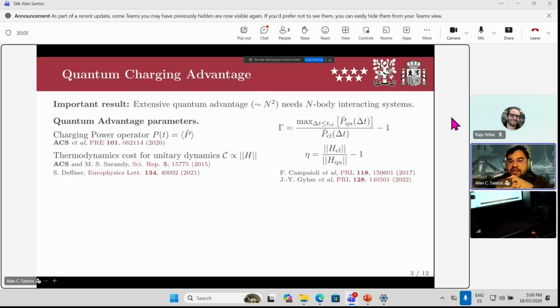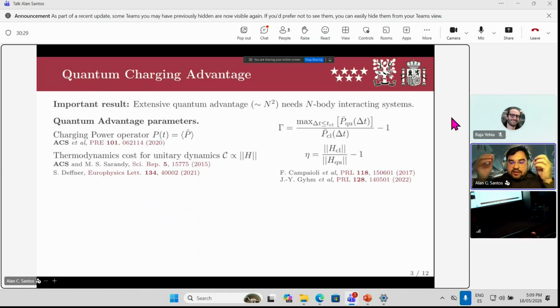The idea is that with two very simple parameters, called quantum advantage parameters, they defined rules that you have to satisfy to argue that in fact you have some quantum charging advantage. Okay, to avoid a kind of fake advantage, you know.